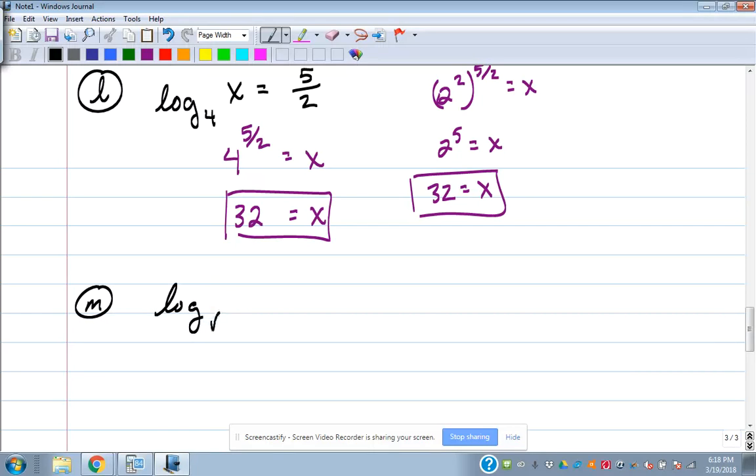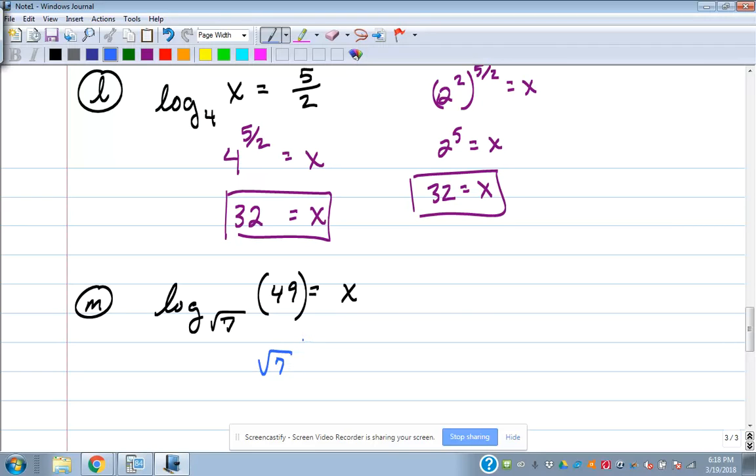Here's a fun one. Log base square root of 7 of 49 equals x. What's the base?